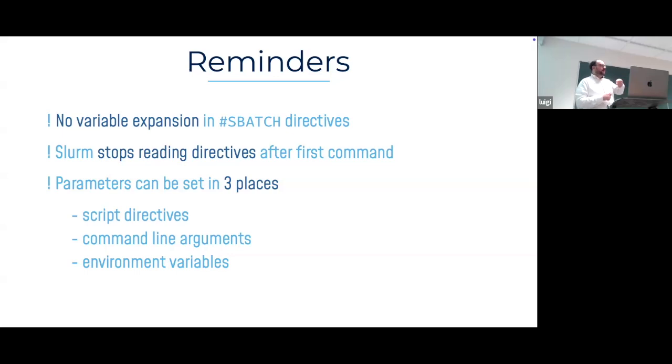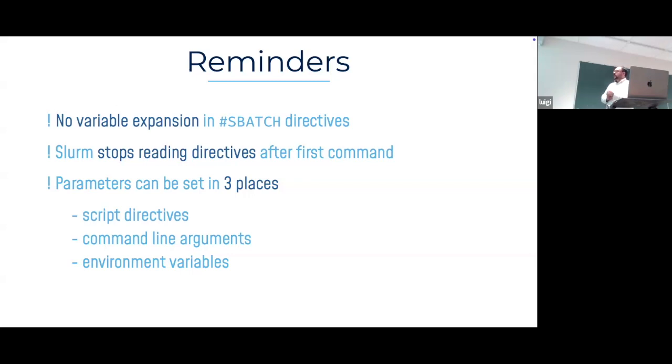So maybe you requested 10 gigabytes of memory per CPU, and your job is killed because it used more memory than 1 gigabyte, and you don't know where this gigabyte comes from. It's from the fact that the 10 gigabyte request was hidden from Slurm, so you end up with the default value, which is often very low on the cluster.